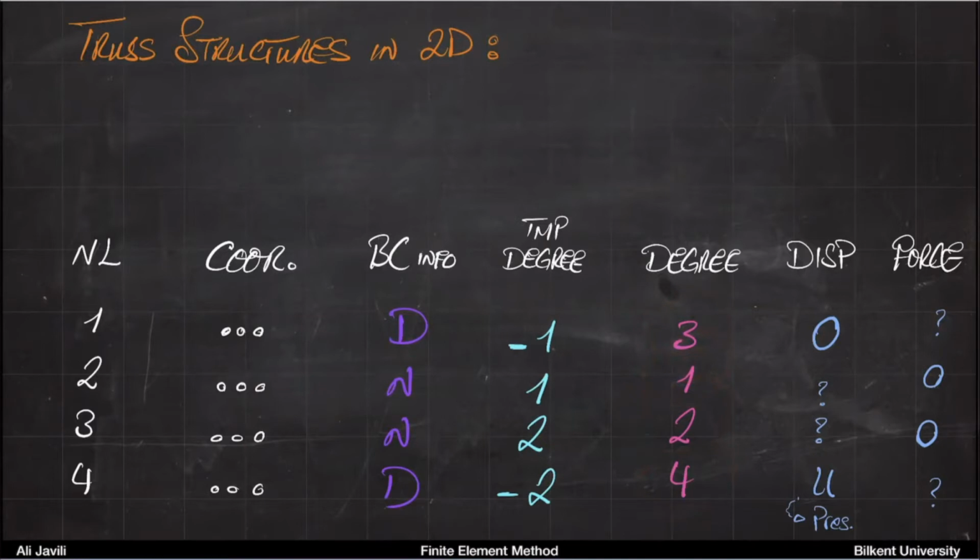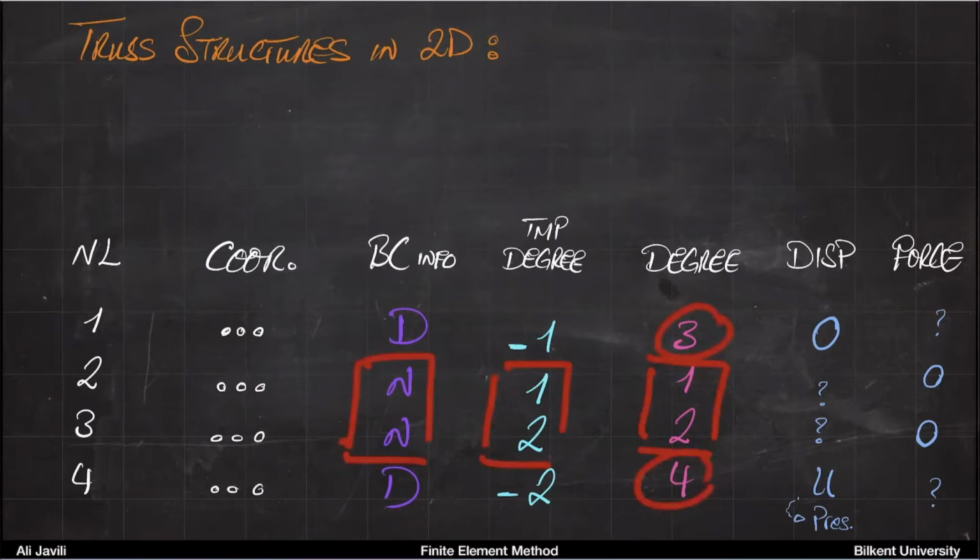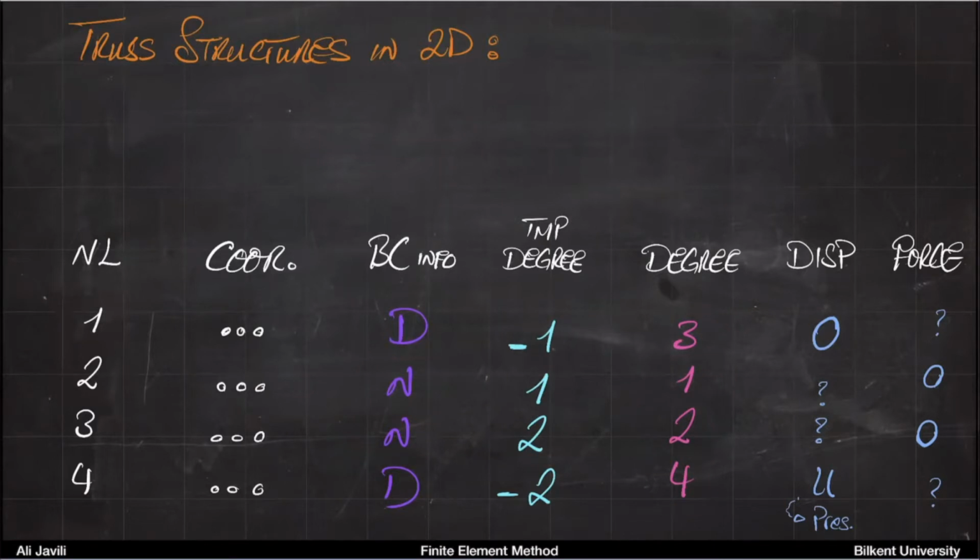And this degree, if you think about these ones, these are degrees of freedom, and these are more like degrees of constraint. But these are eventually the degree of the point. These are the identifiers of those points.